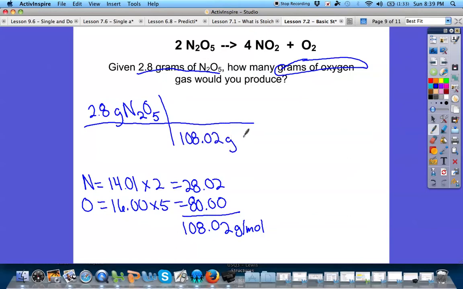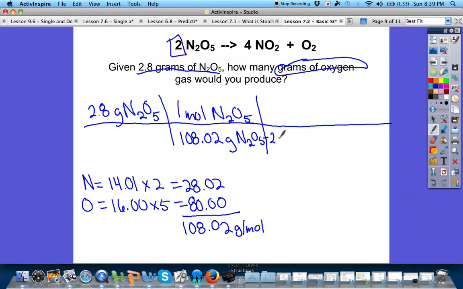So we're going to have 108.02 grams of N2O5 on the bottom, 1 mole on the top. And then in our chemical equation, we have 2 moles of N2O5.